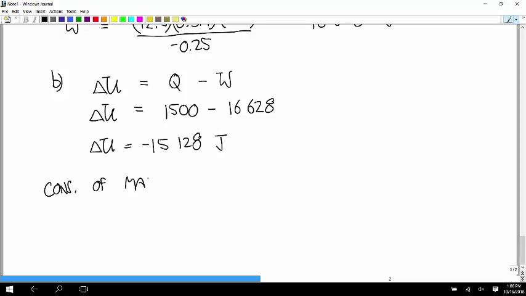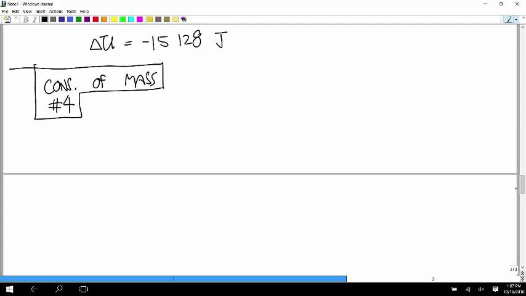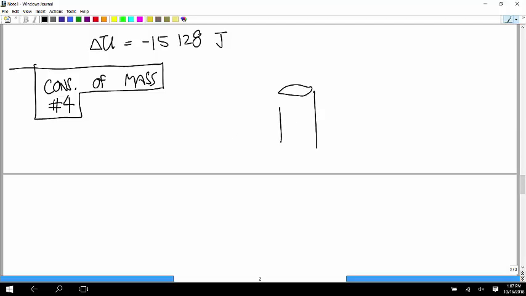Conservation of mass, number 4. A cylindrical tank is being drained through a duct on the bottom. So here's our cylindrical tank, and there's the duct on the bottom.